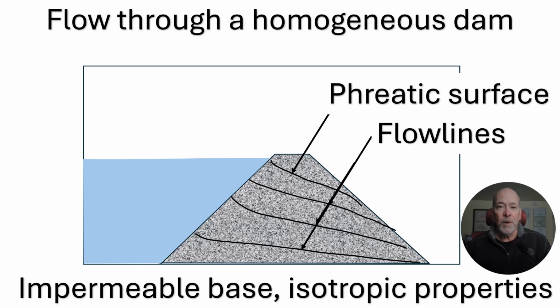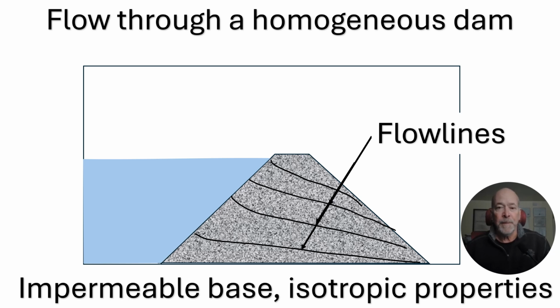So let's get back to our dam model. So we've got these flow lines and the phreatic surface. So again, this homogeneous dam, impermeable base, isotropic properties. Now it's not a tailings dam, but a tailings dam is a little bit more complicated, but it's the same kind of principles.